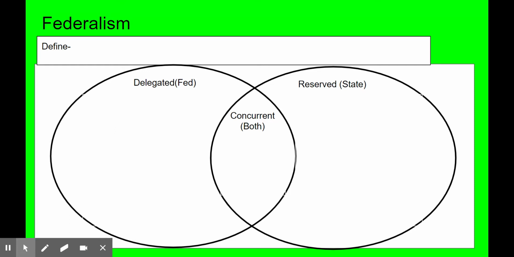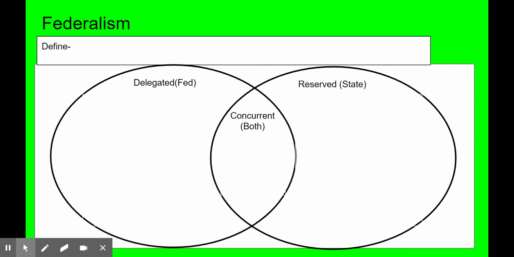Some powers and some duties that fall under this category would include declaring war, printing money, running the post office, dealing with treaties, interstate commerce, which is those things that go between the states from one state to another, foreign trade, things like that.